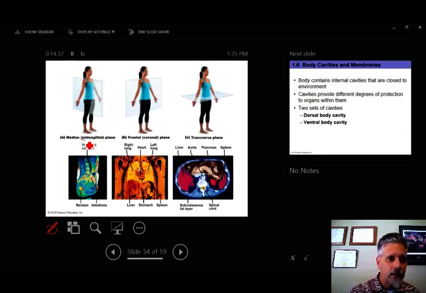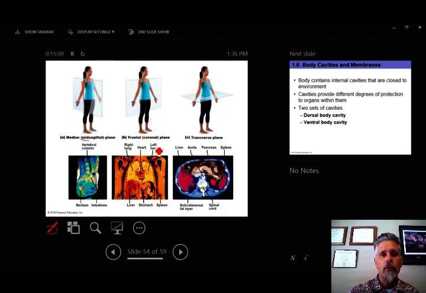Mid-sagittal is exactly in the middle, so they're exact left and right halves, or equal, if you will. But even if you did a cut here, whoosh, and you cut off her arm, kind of gruesome, that would still be a sagittal, or what's called a parasagittal, because we'd have a right side flopping around over here and a left side flopping around over here, right? We're dividing into left and right.